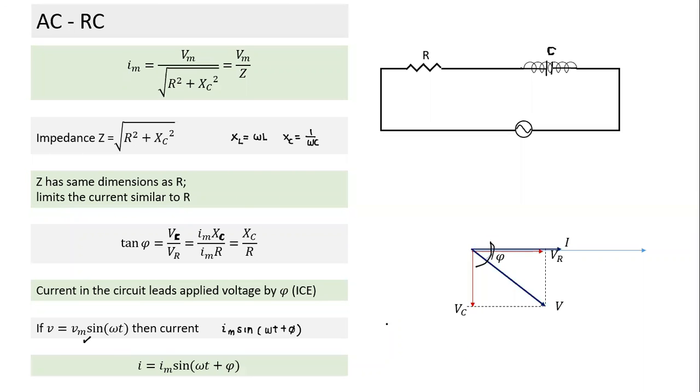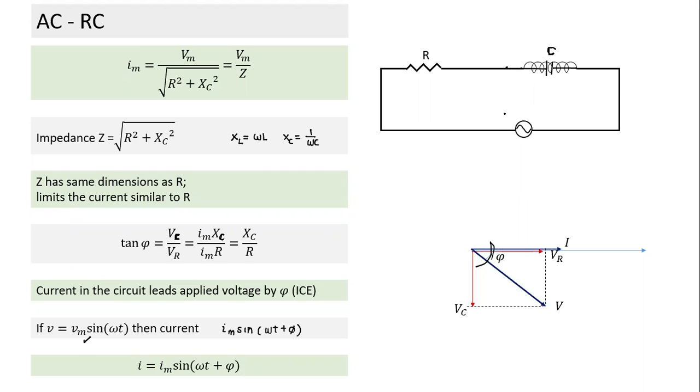Sir, can you explain how current leads by 90 degrees here? In this case, am I saying it is going to lead by 90 degrees? Basically, let's look at this. There are three voltages we are talking about here. What are the three voltages?